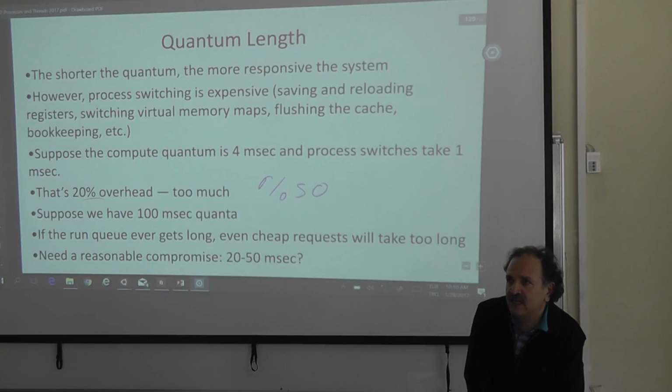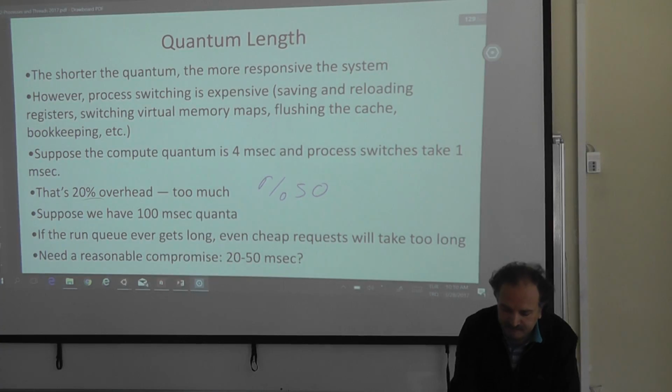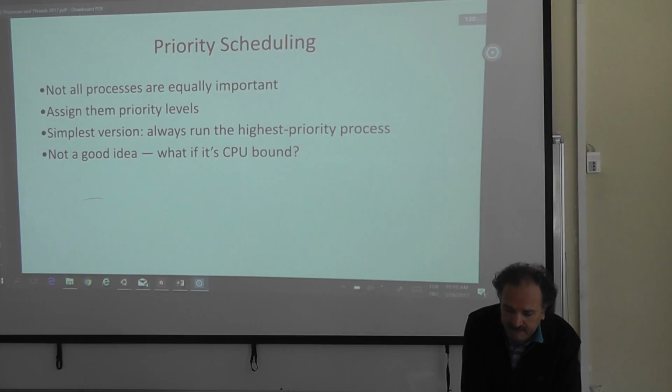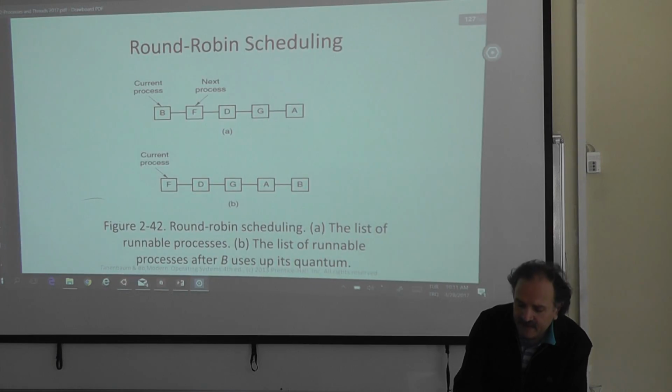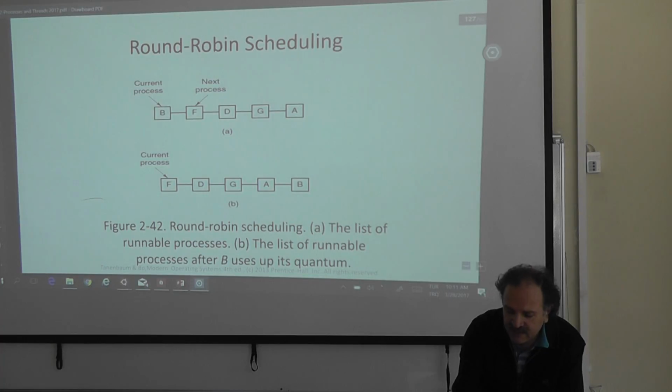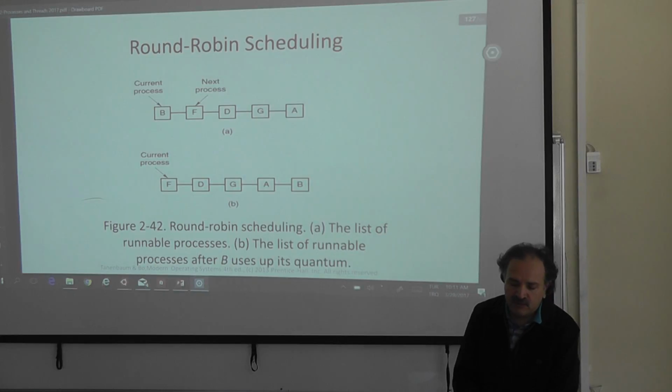So this is round robin. In the round robin case, you start with a process, and if the quantum is up, then you switch to another process, then this process, and it goes that way. Once you are done, the process goes to the end of the queue, and you do this in a round robin fashion.